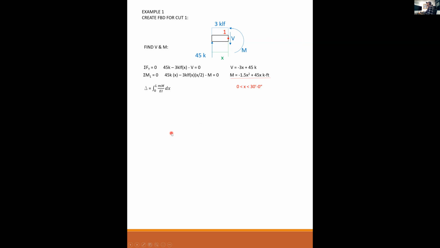So now I go back to my equation. My deformation delta is equal to the integral from 0 to L of little m, capital M, over EI dx. But we have a problem here, don't we? We have 2 functions for little m. How do we resolve that?